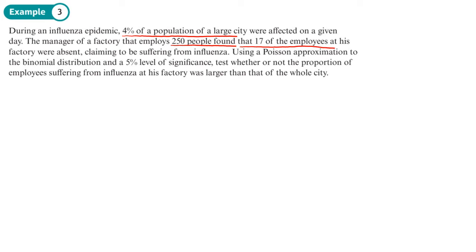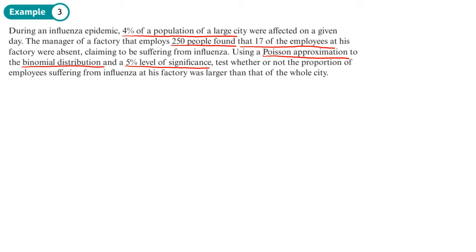Using a Poisson approximation to the binomial distribution and at 5% significance level, test whether or not the proportion of employees suffering from influenza at his factory was larger than the whole city.